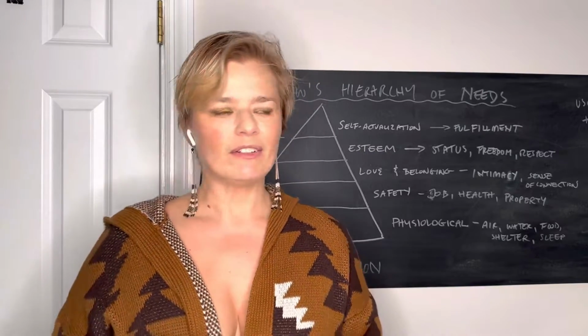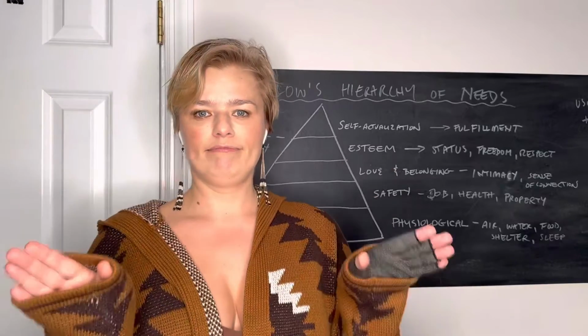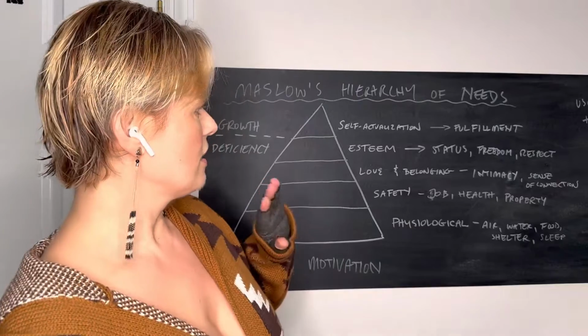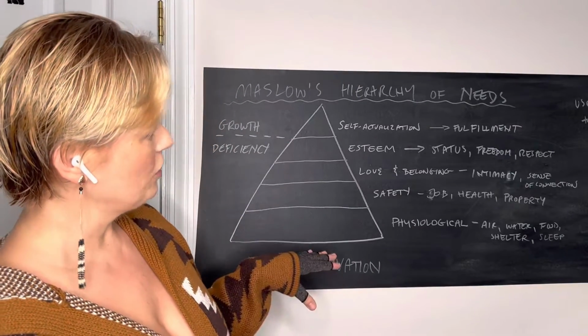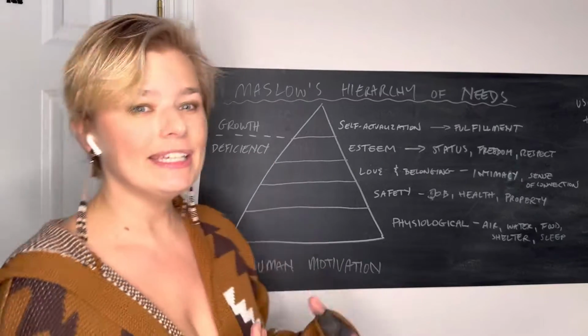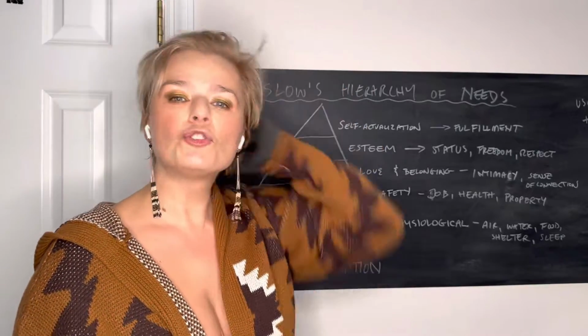But what's really cool about all this is that it all resides with you. This is all internal. And I think looking at your goals using a framework like this and breaking them down gives you control.